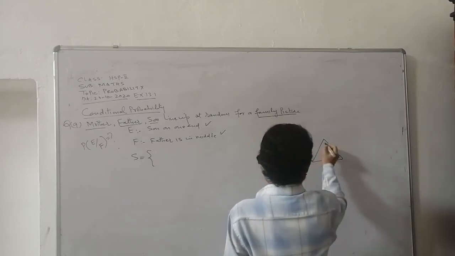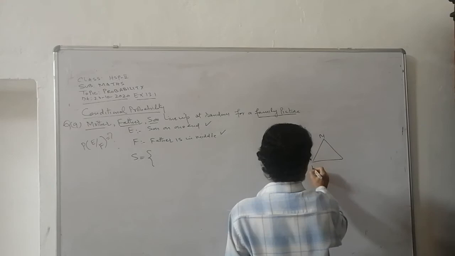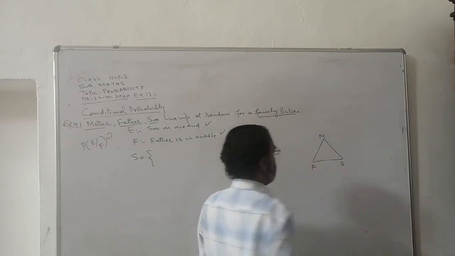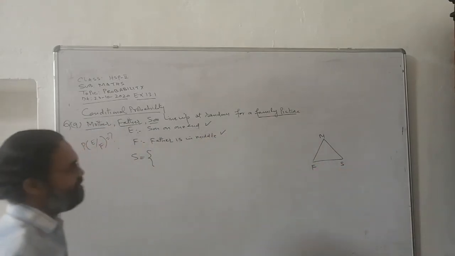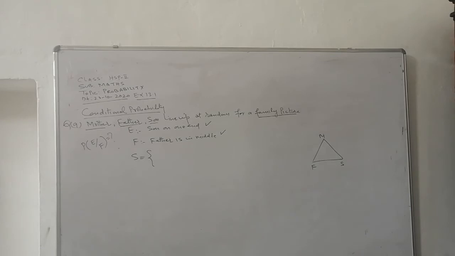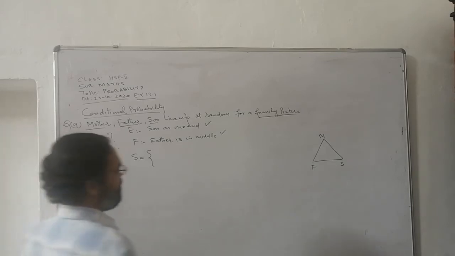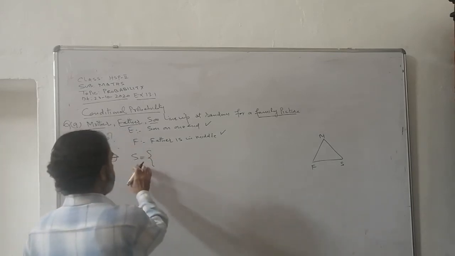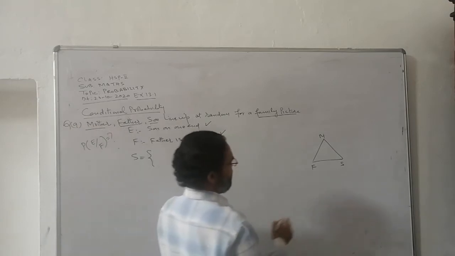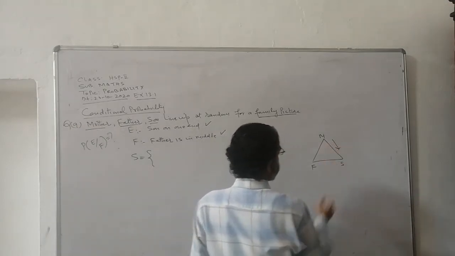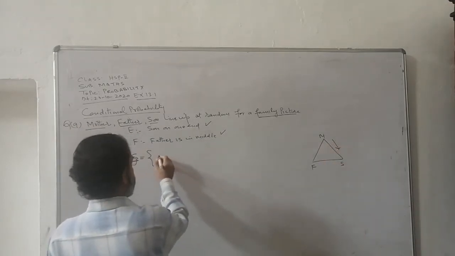If I write M as mother, F as father and S as son, the sample space can be as follows.